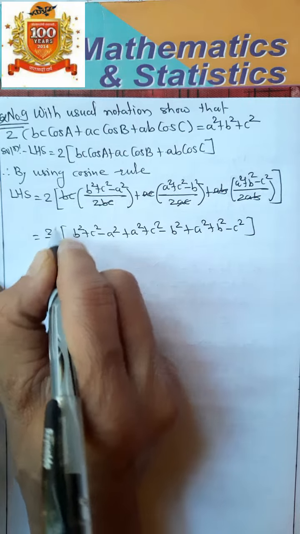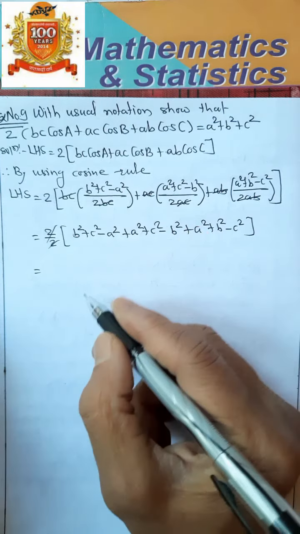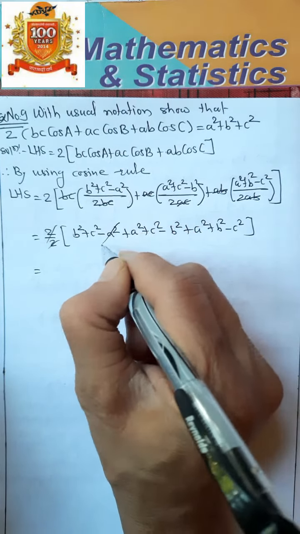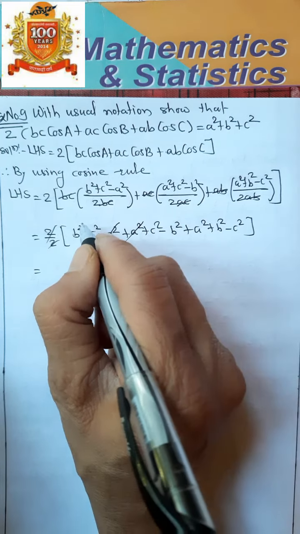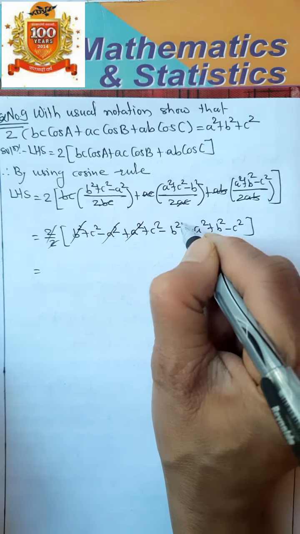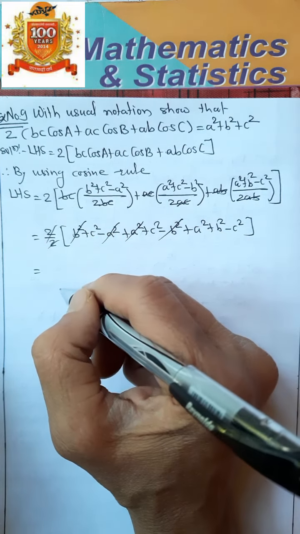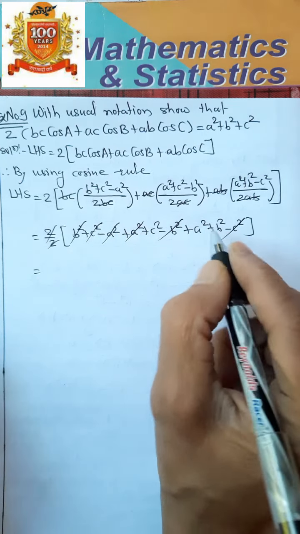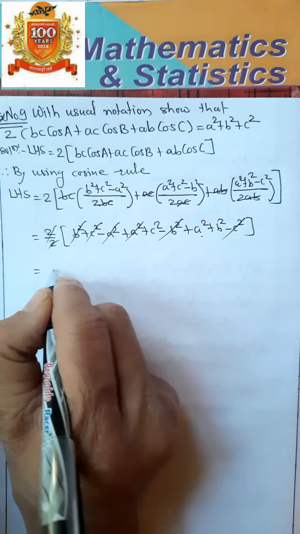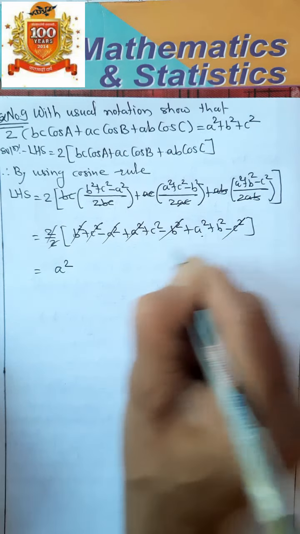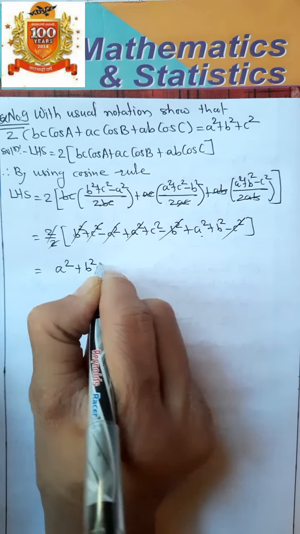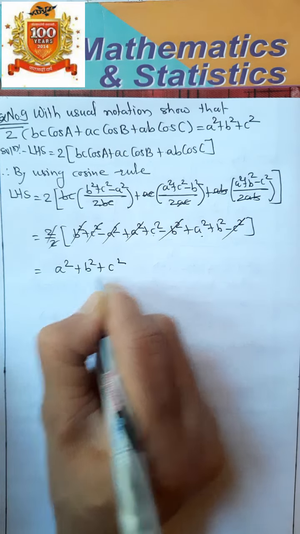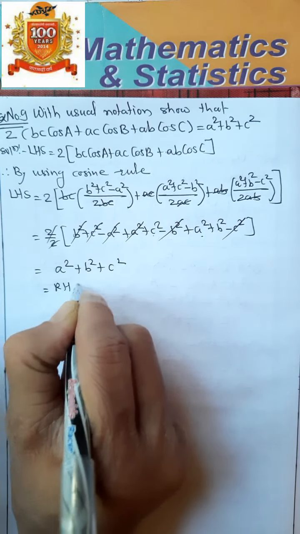Now this 2 gets cancelled. Now do cancellation. Now what is remaining? This is A square plus B square plus C square, that is equal to RHS.